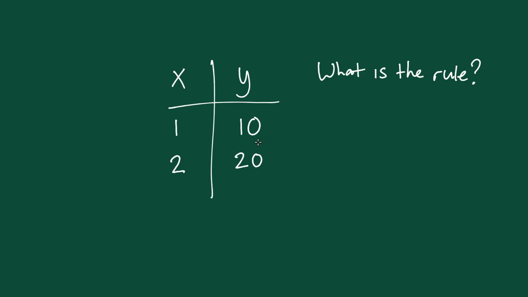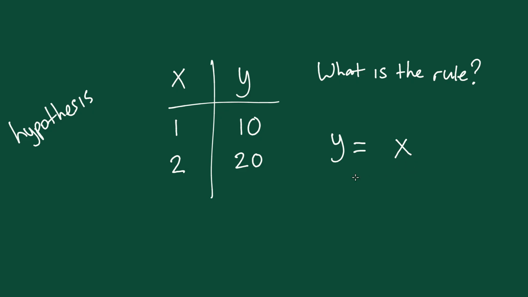So if this is your hypothesis, that we need to multiply the input by 10, how can we write out the rule for this function? Well, remember, in general, a function's form is going to look like y equals something with x.